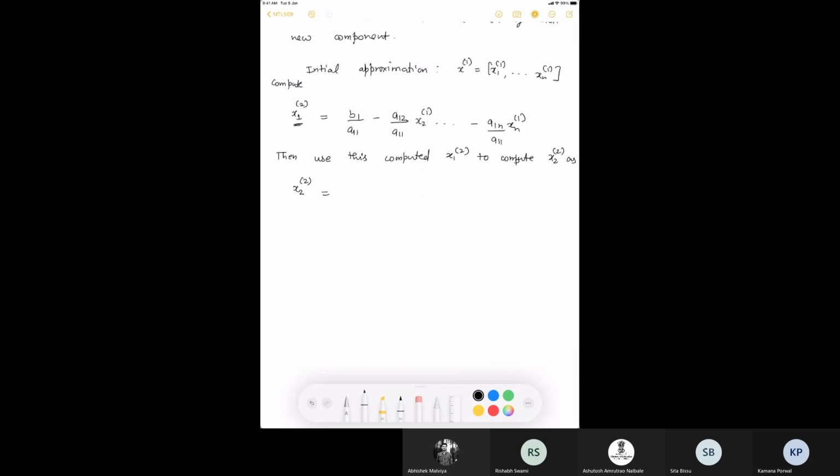If I just follow what we have in the Gauss-Jacobi, this is what I will use. So this is b2 divided by a22, a21 divided by a22, x1. So I'm just writing first what we have in the Gauss-Jacobi. So this is what we have from the Gauss-Jacobi.